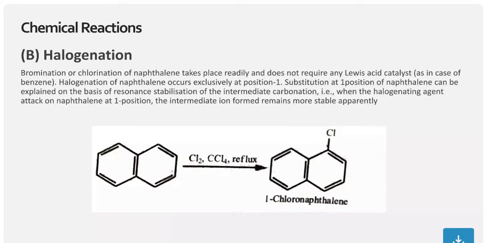When the halogenating agent attacks naphthalene at position one, the intermediate ion formed is more stable. Look at here the reactions. Naphthalene reacts with chlorine. It gives 1-chloronaphthalene. That is a very important point. You should write it down in your notebook. The positions should be defined when you are doing reactions.